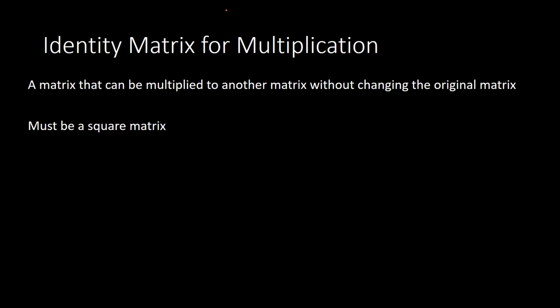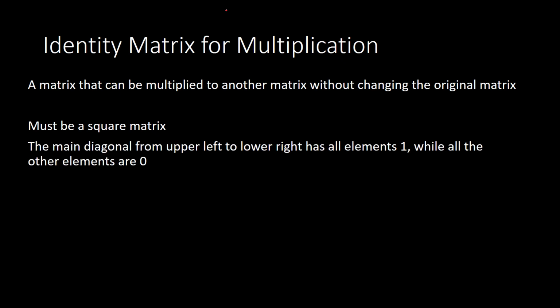Now for this to work, the identity matrix must be a square matrix. And the main diagonal from upper left to lower right must have all elements of 1, while all the other elements are 0. So for example, the identity matrix for a 2 by 2 matrix, this main diagonal would be all 1s, and everything else would be 0s.